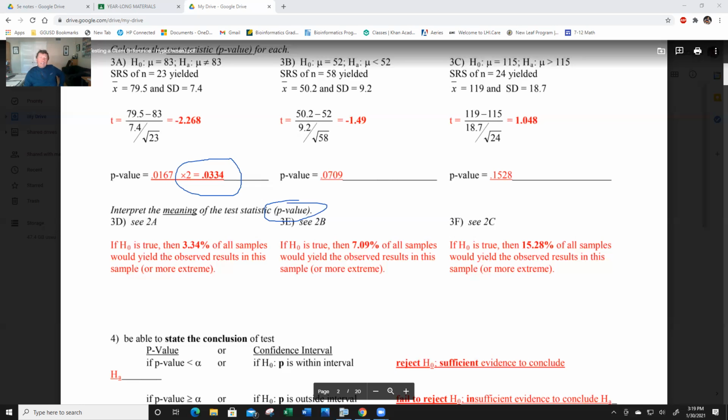I would write down both of them and you can pick. I prefer the second one. A teacher friend of mine prefers the first, which is fine. For C, I would say there is a 15% chance that we would get data this extreme, even if H0 is true. That's how I would do p-value.